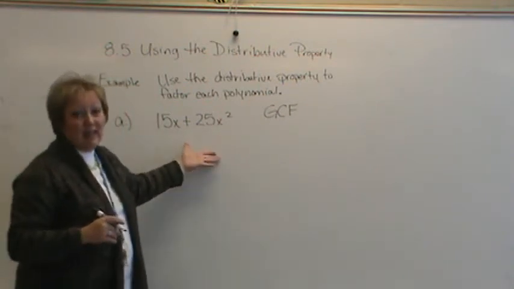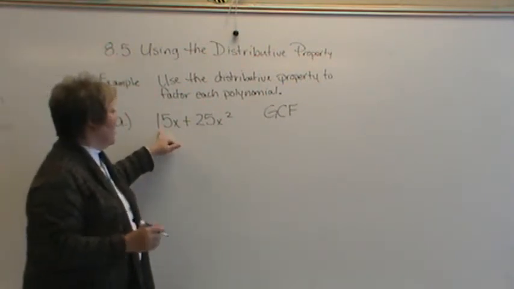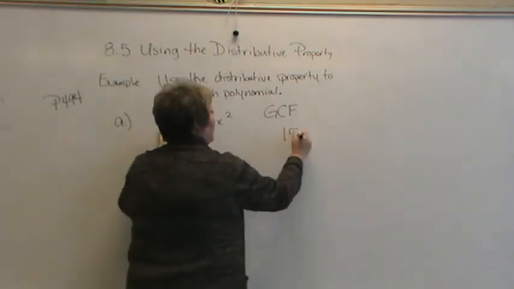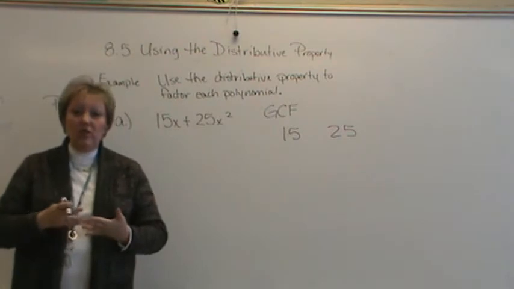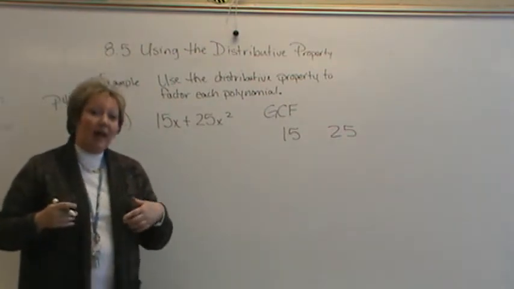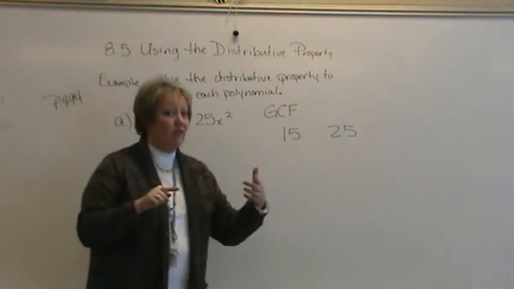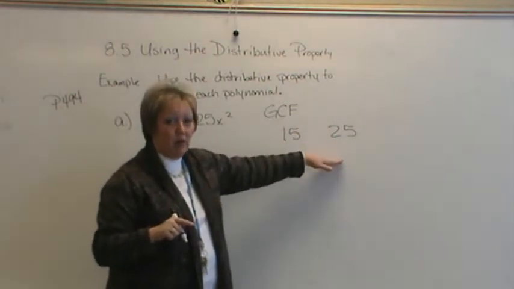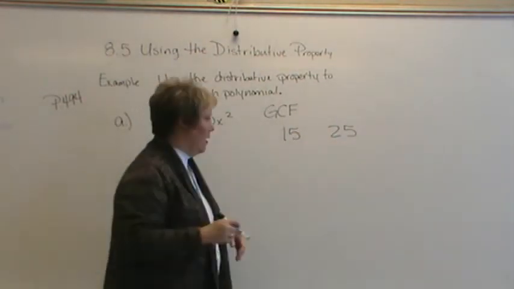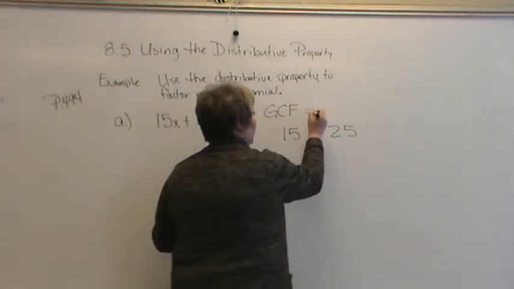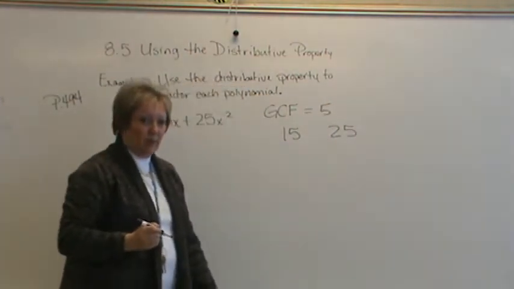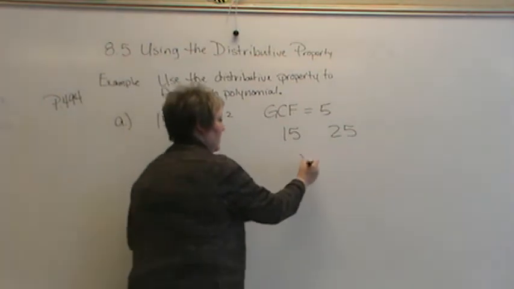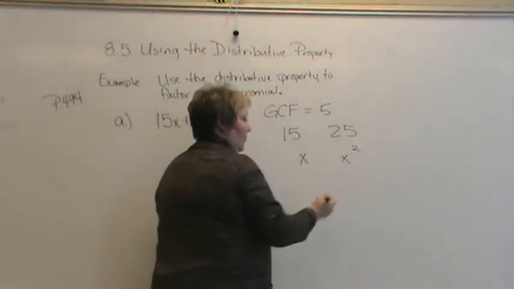Now, I look at this and I'm thinking, okay, the coefficients, 15 and 25. What is the largest number that will divide evenly, the greatest common factor, of both of these numbers? Well, that greatest common factor for those coefficients is 5. Now I've got to look at the x and the x squared.